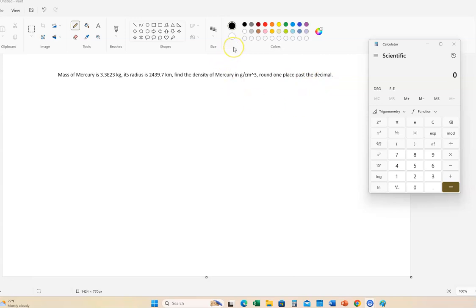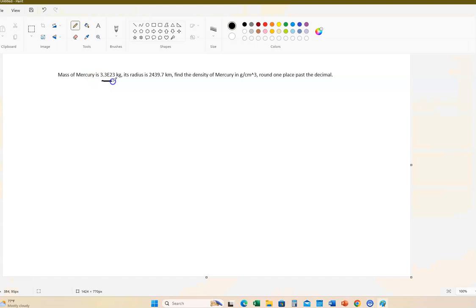Okay, so here we go. First of all, notice the mass is given to us in kilograms, and we want the mass to be in grams.